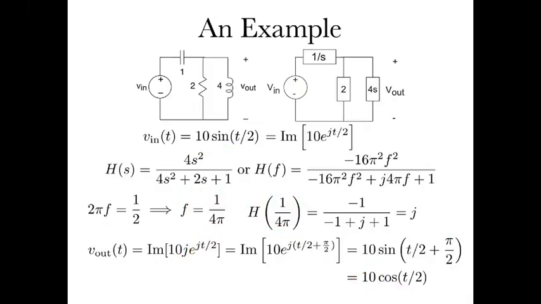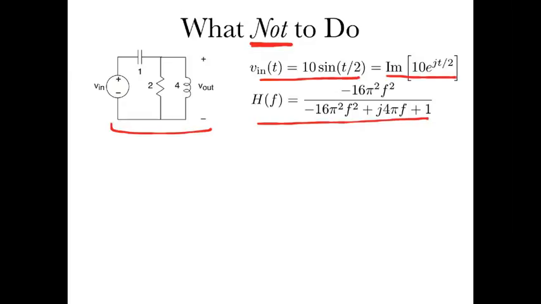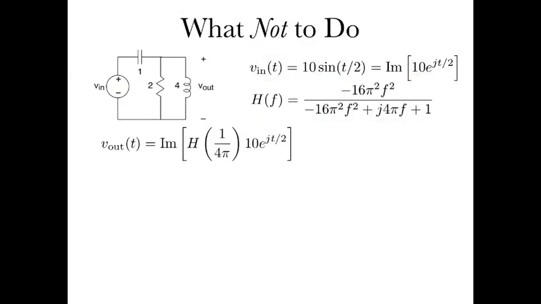Okay, now I've taught this course for many years, and I've learned what students do that isn't correct. So I want to talk a little bit about what not to do, how to use impedances. So here's the name of the game. We start with a circuit, we know the input, we write it as the imaginary part of something, and we find the transfer function, and we evaluate it at the frequency of the source.